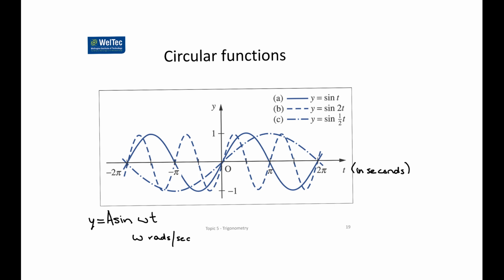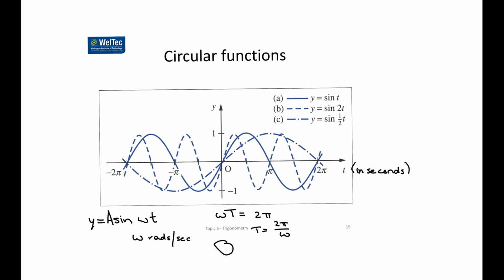And this is where we get omega t must be equal to 2 pi, and t is equal to 2 pi over omega. This is the period.